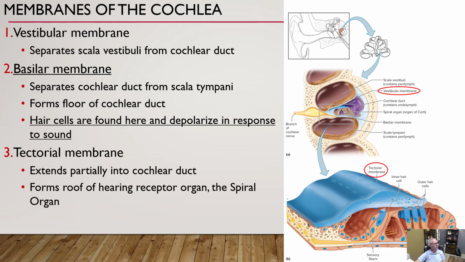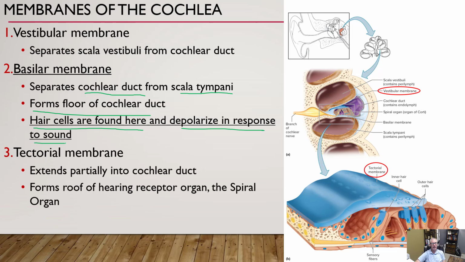So here in this case, this basilar membrane is going to connect that cochlear duct and that scala tympani. It actually forms the floor of that cochlear duct. Here is where we're going to find those hair cells that depolarize in response to sound.